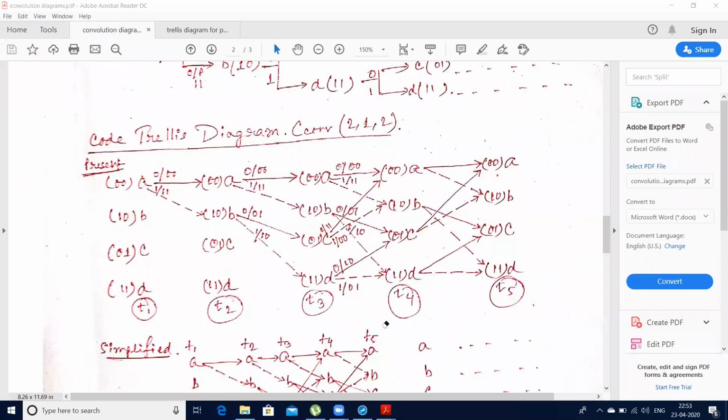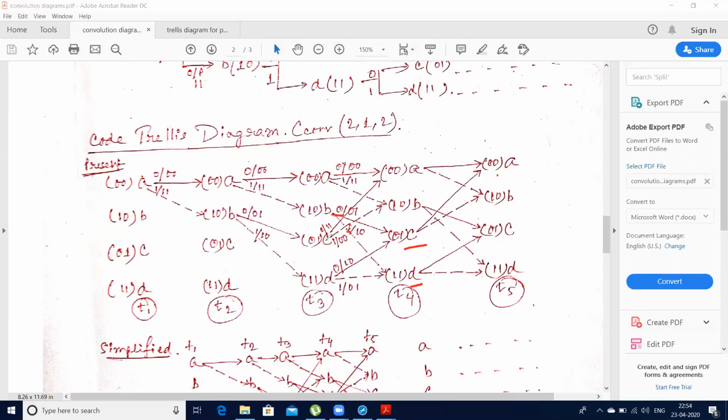It will be easier to understand if you see that at the third stage, that means at T3, A is converted again to A and B, with inputs 0 and 1. B is converted to C and D. B is converted to C when the input is 0, and when the input is 1, B is converted to D.